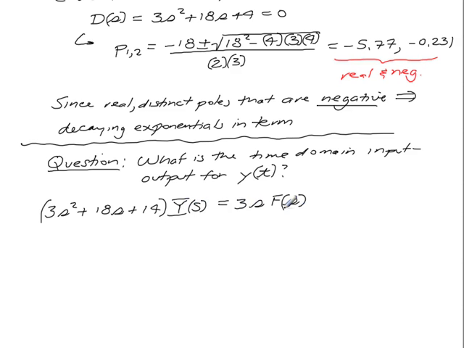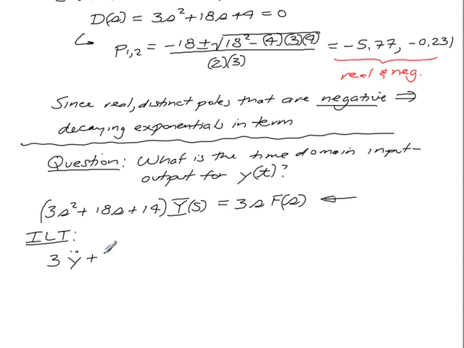So although we didn't actually have that equation, the time domain input-output equation, if we took the Laplace transform of it, this is exactly what we would end up with. So we can now go backwards from this and say that the 3s squared times y, with the inverse Laplace transform, is going to give us 3y double dot.